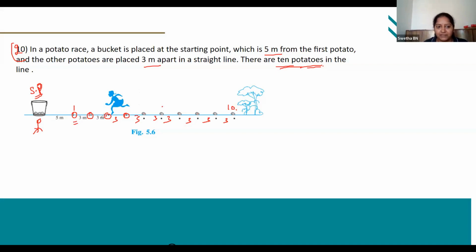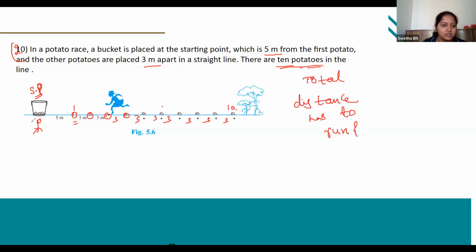Again, she has to pick the second potato and put it into the bucket. Then third, fourth, 5, 6, 7, 8, 9, 10, like that. And you have to find the total distance the competitor has to run. Did you understand the question?